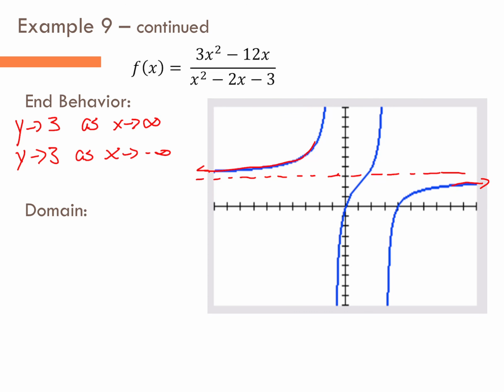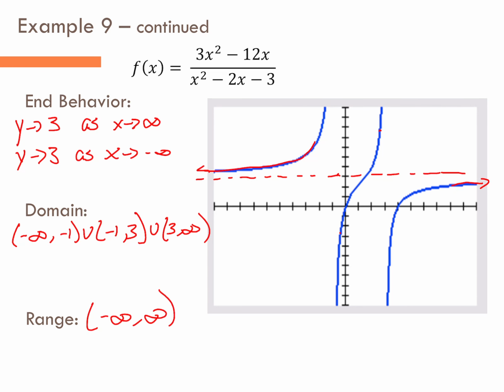Our domain, just like we've done before, is negative infinity to negative 1, union negative 1 to 3, union 3 to infinity. Our range in this case, even though I have a horizontal asymptote, is negative infinity to infinity, because my middle section goes through it and actually crosses this line, so it's not exempt from being in our range.